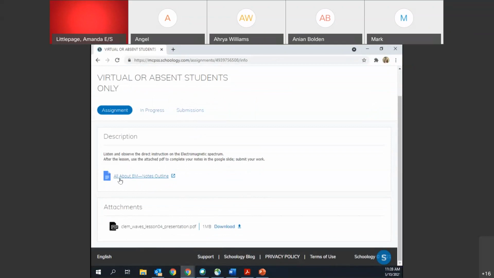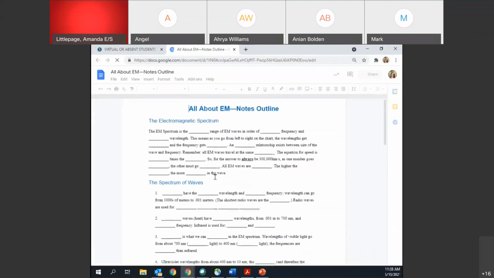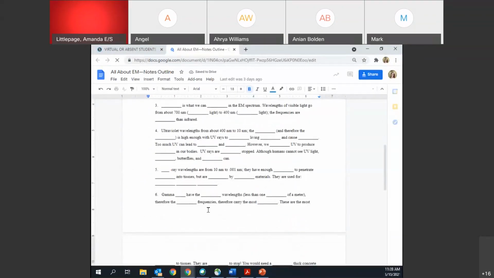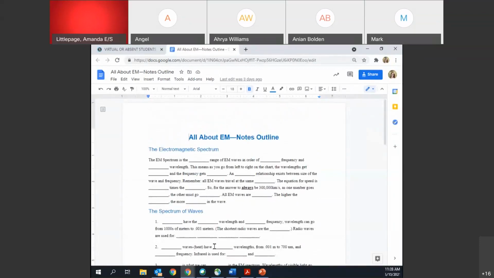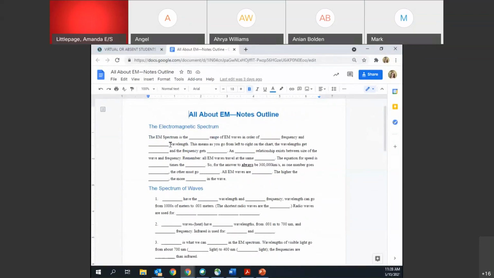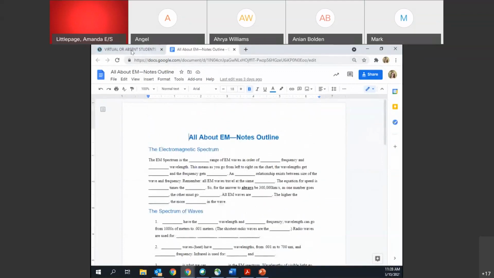And then there's also some notes, the EM notes outline. When you click on that, you'll see it's going to open up with some blanks. You guys are just going to fill these in and post when we are done. There's two segments here, the electromagnetic spectrum and then the spectrum of waves. Fill them in and post it.